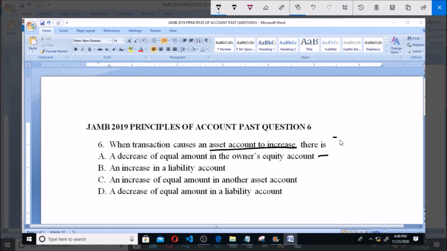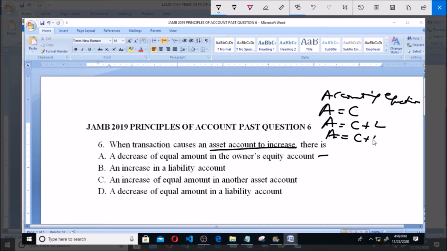This question basically is looking at the accounting equation. The accounting equation says that assets is equal to capital. That says assets is equal to capital plus liability. That says assets is equal to capital plus liability minus loss.